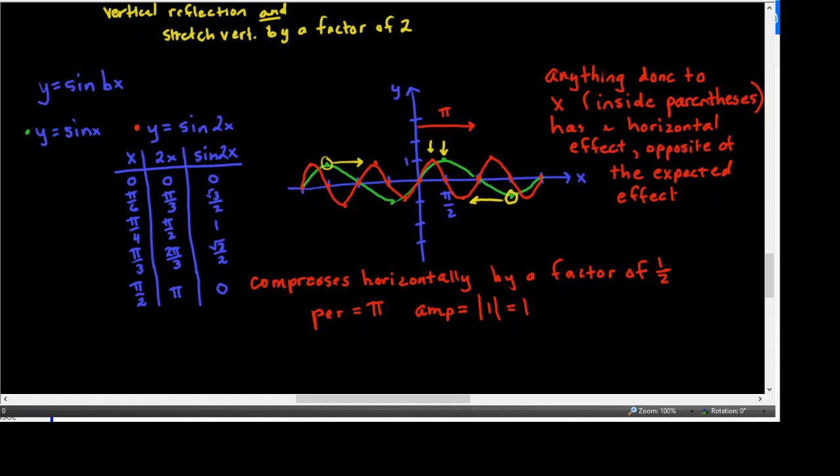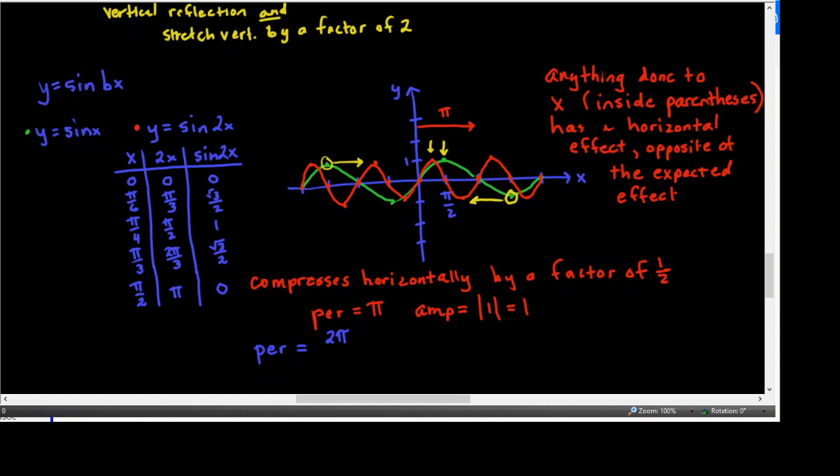Well, as it turns out, whenever you have the period of sine or cosine, the basic normal period is 2 pi, right? Well, instead of multiplying by 2, we're actually dividing each x by 2, so it's closer to the y-axis.